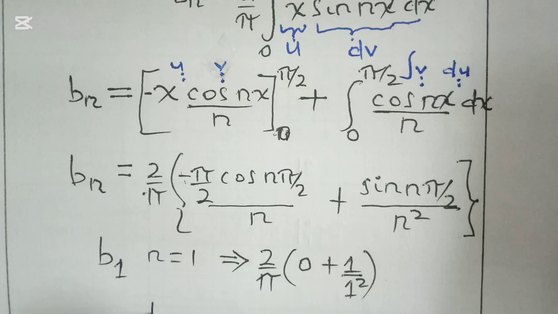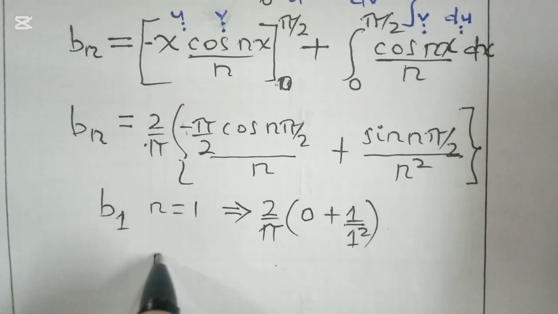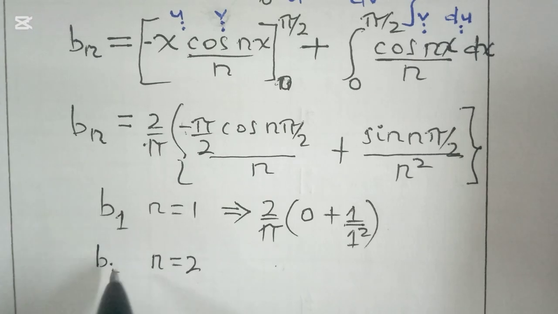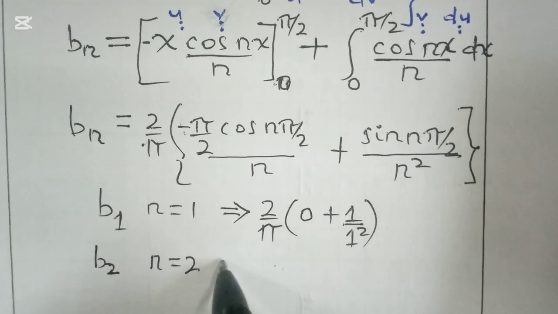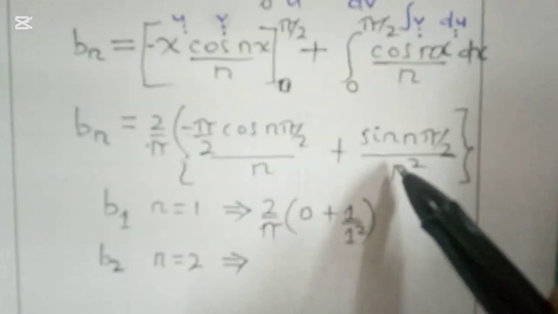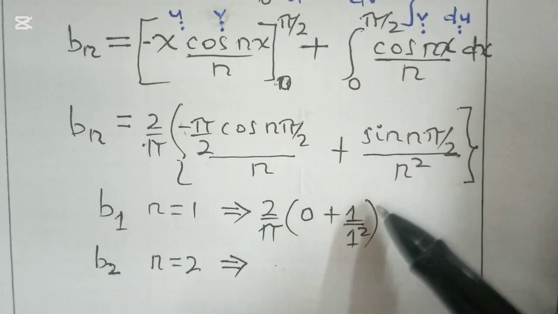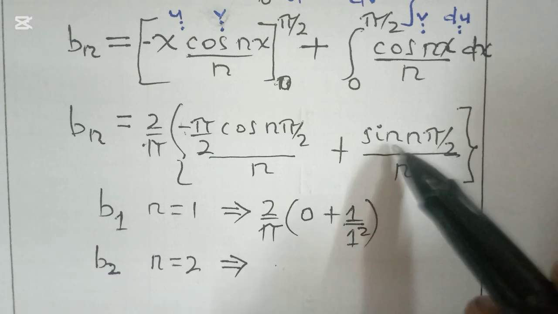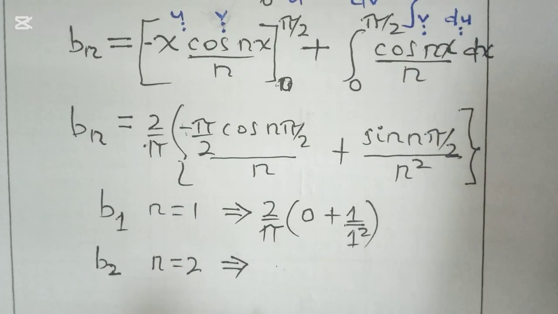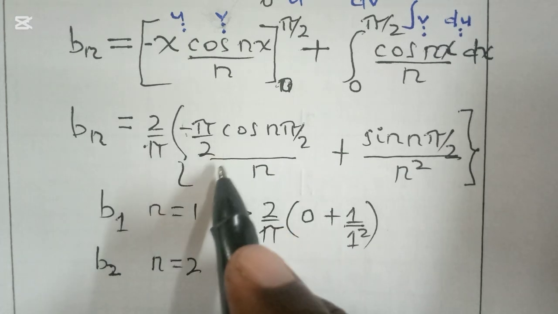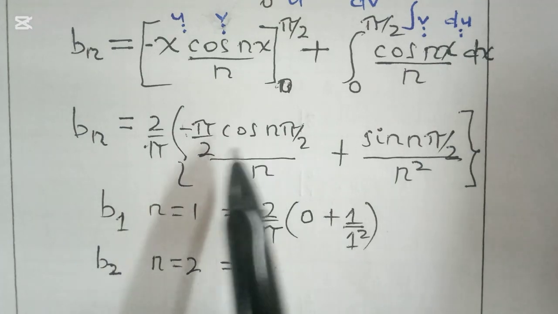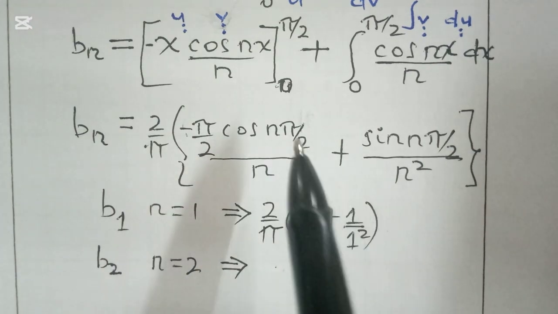Let's go now to n equals 2. For n equals 2, guys, the sine is now going to be 0, because we are going to have sine 180. And the cosine now becomes 1, so it's actually negative 1.